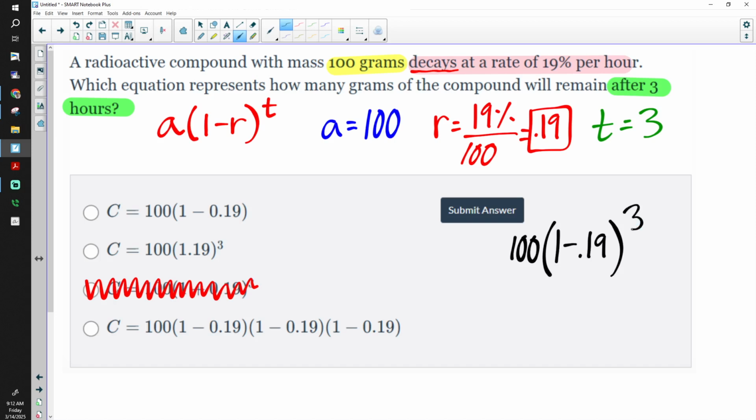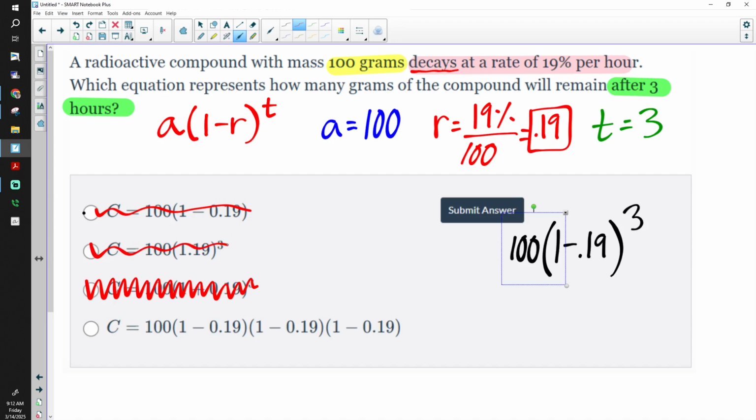And I see that the only one that matches is my first choice. 100, oh, I lied. We don't have an exponent. This one is missing our exponent. Here we added 19, so it can't be those two. So the only one that works is the last one.